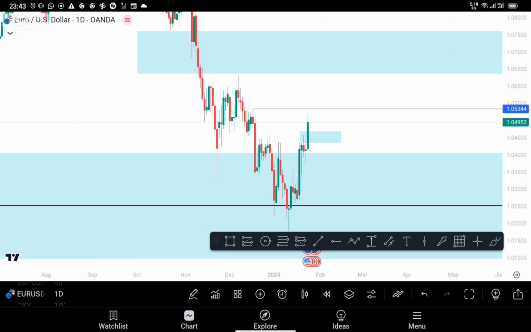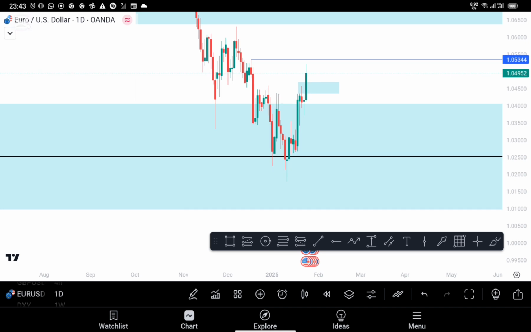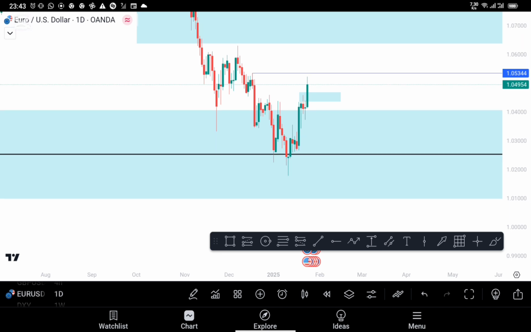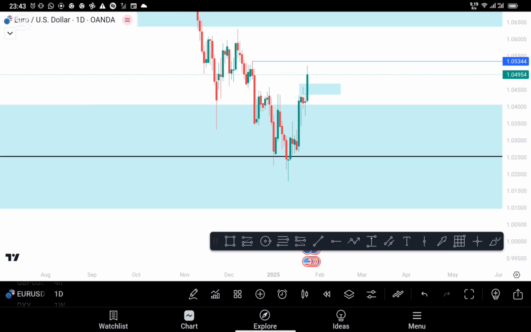We rebalanced a monthly imbalance, and we were on a downtrend on a daily. After we had rebalanced the majority portion of that imbalance, we went below the 50% level of the imbalance, and then we changed direction, and then we see a buy model there.